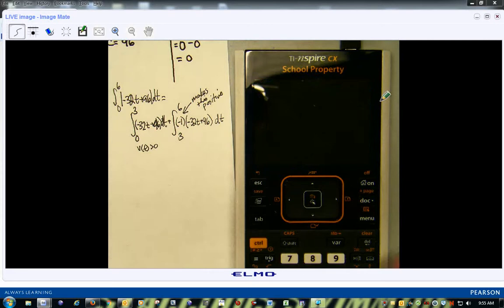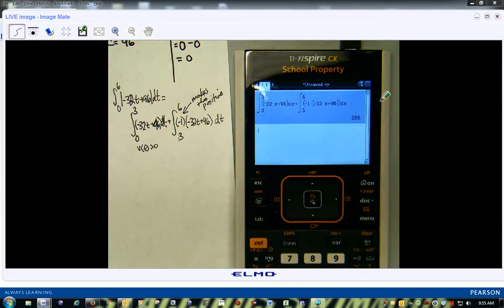So now, when we talk about total distance traveled, we have to account for the fact that sometimes the velocity equation is going to give us a positive area, and that area is going to represent your movement in the positive direction, and sometimes it's going to give you a negative.